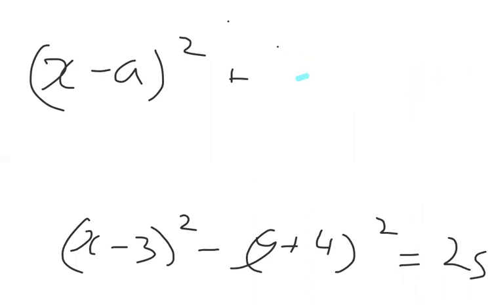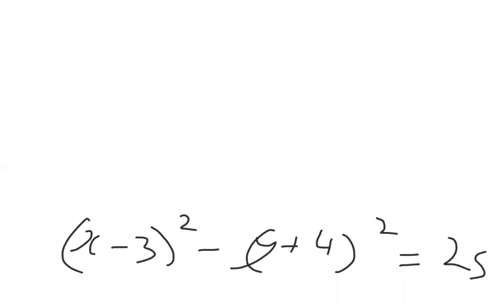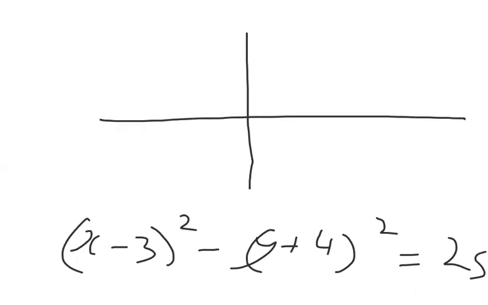And 25 equals radius squared, and the square root of 25 is 5. So now we have, let's draw this up. Imaginary and real. And we know the center is 3.